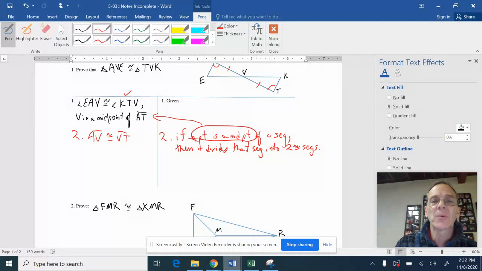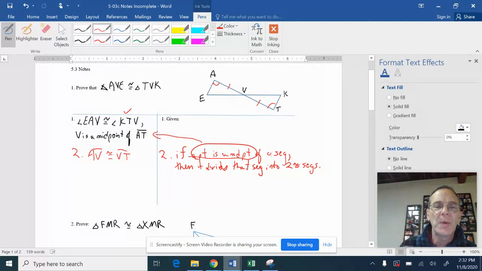So right now, we're trying to get these two triangles congruent to each other, and we have, at this point, two pairs of congruent parts. We have one pair of congruent angles and one pair of congruent sides, and that's all we have right now. And I think you know by now that we have three ways of concluding that triangles are congruent: SSS, SAS, and ASA.